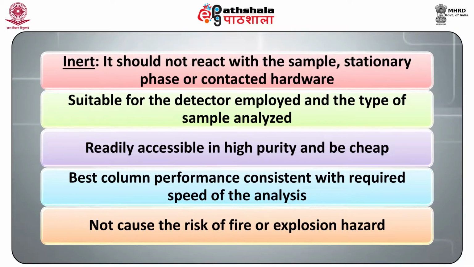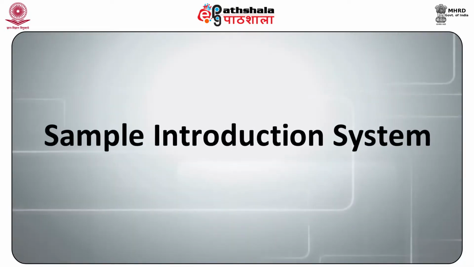It should be suitable for the detector employed and the type of sample analyzed, readily accessible in high purity, and cheap. It should give the best column performance consistent with the required speed of analysis, and not cause the risk of fire or explosion hazards.